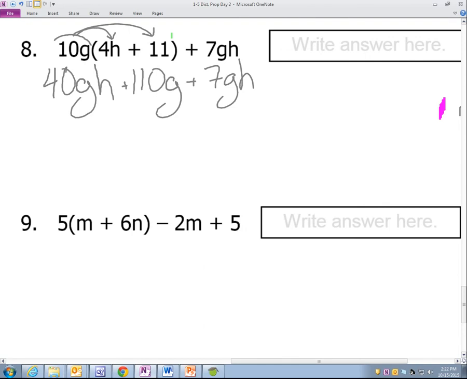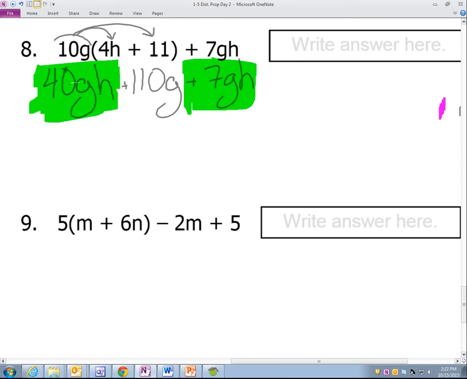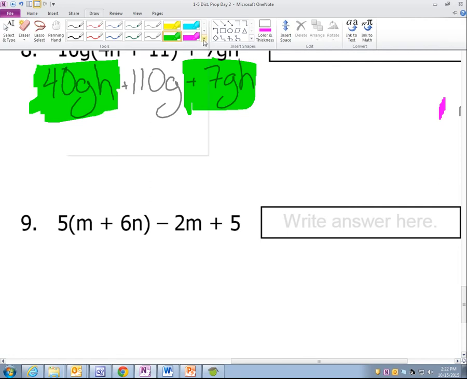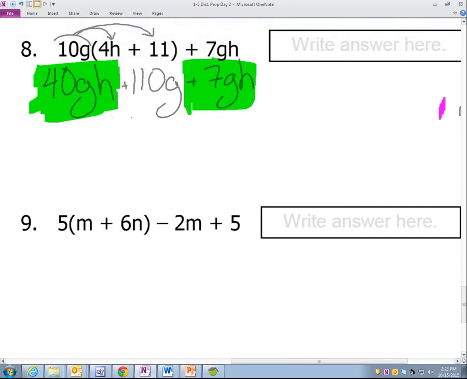I have some like terms here. I have a number GH and a number GH. And if I didn't know if I was going to add or subtract, I also have highlighted that plus sign, so I know that I'm going to add them.